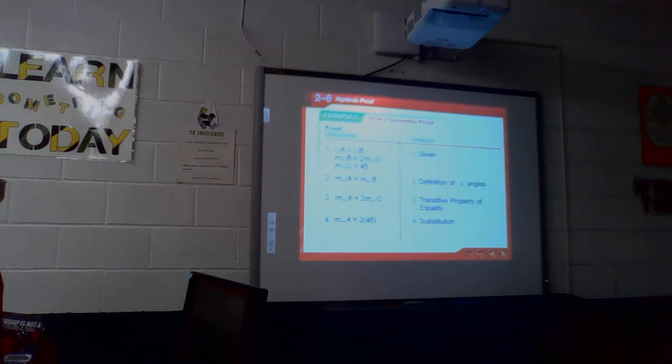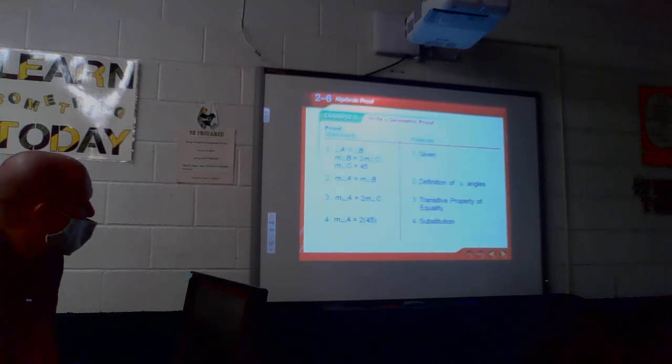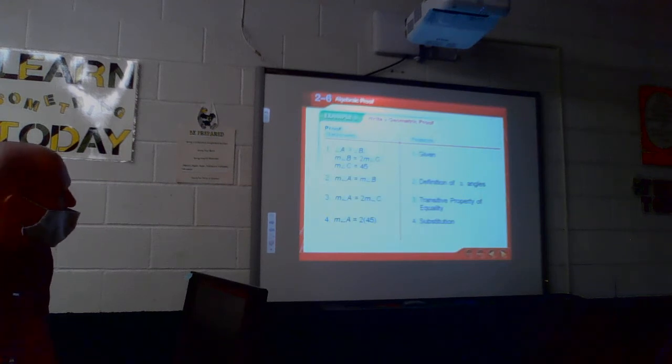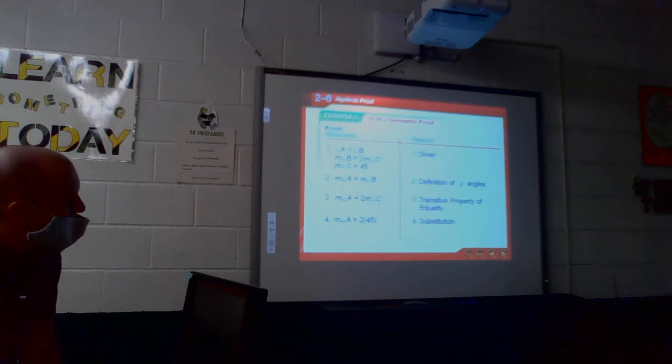You could have went to the 45, because we know that in here, basically what they're saying when they do the transitive property is that if A and B are equal to each other, and A is equal to 2MC, because they gave us that, the only reason that works is because my angle A's match up, and that's my transitive property.